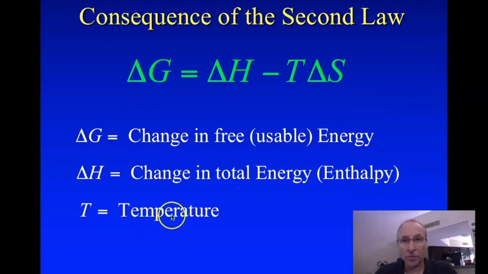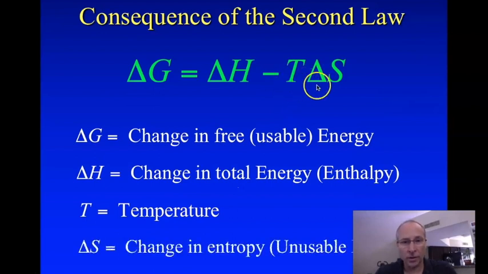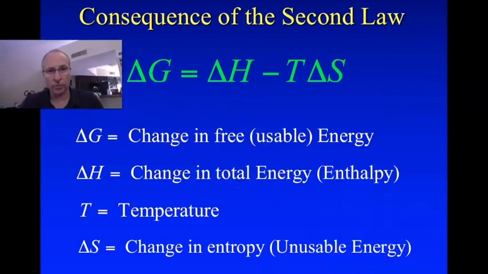This temperature has to be in absolute temperature. So we're going to have that in kelvins, not in Celsius or Fahrenheit. And then the delta S, this is the change in the physicist's concept of entropy, which is the proper way of actually expressing it. So this is the central equation for all of metabolism. The change in the Gibbs free energy is equal to the change in enthalpy minus the entropy.